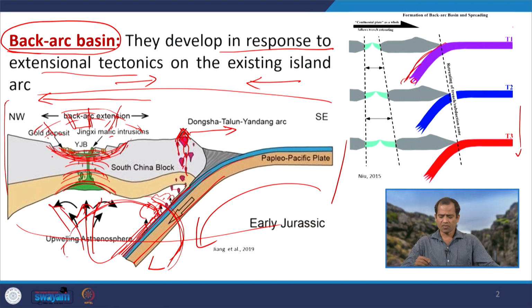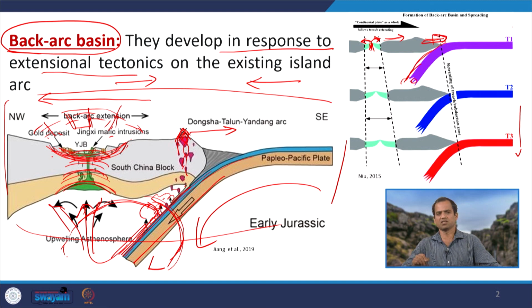Once we are creating a back arc basin, a full-fledged mid-oceanic ridge system is developed here. Now, this plate will move in this way and this plate will move this way. With more and more push from the ridge, this part of the plate will move in this direction.